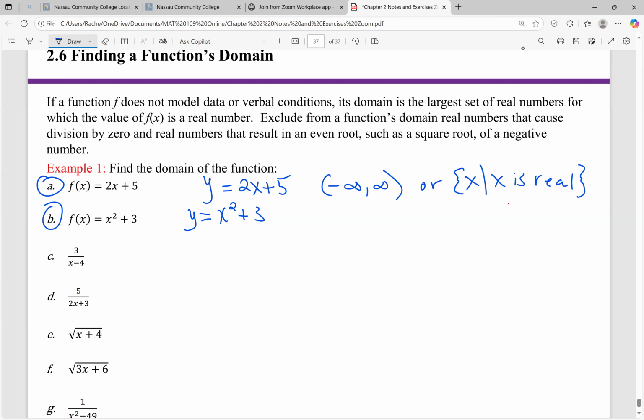But remember the domain of x squared, it's all real numbers, right? I could input whatever I want for x and square it, and then add 3. I'm always going to get a real number for y. So the domain is going to be all real numbers or all values of x such that x is real.